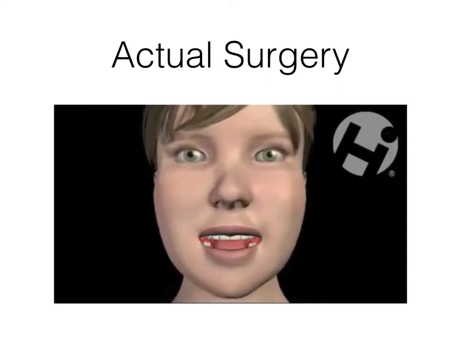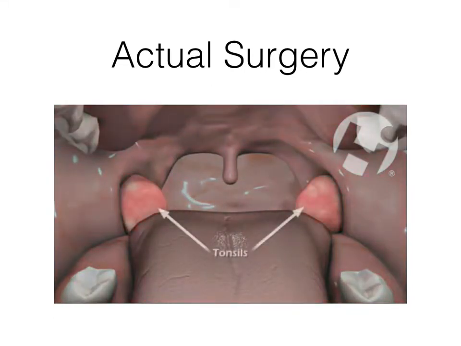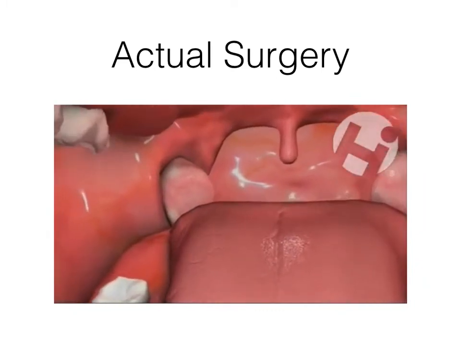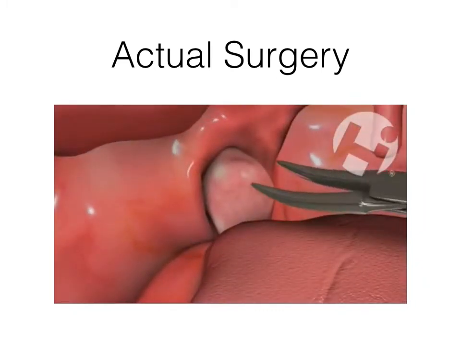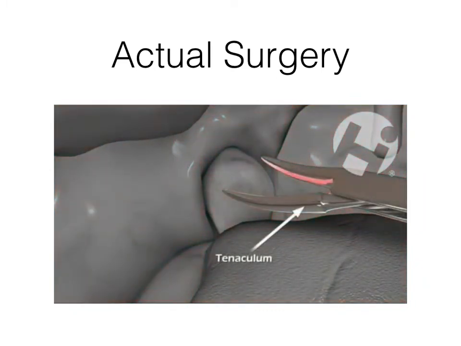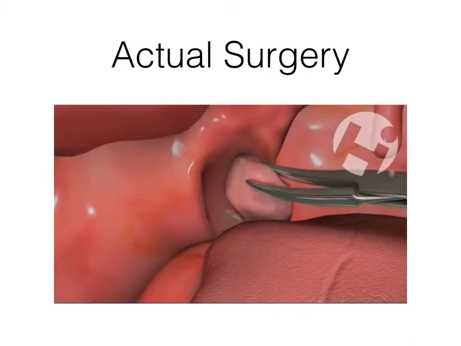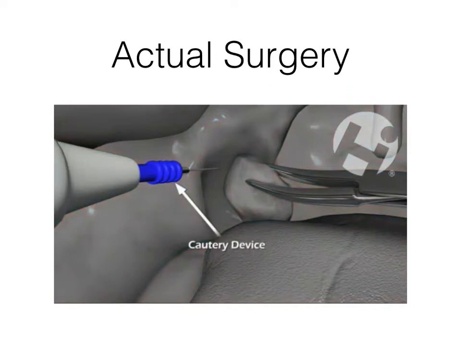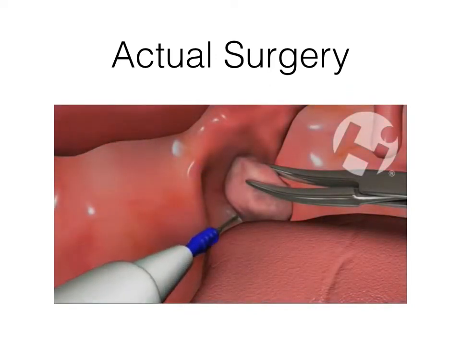So the patient is admitted to the hospital after a conversation and consultation with a doctor and is prepared for the surgery. What happens in the actual surgery is the patient is sedated under general anesthesia. From there, the surgeon isolates one tonsil at a time using a grabbing-like tool called a tenaculum. So it grabs it. The surgeon will then use a cautery device to cut the tonsil.